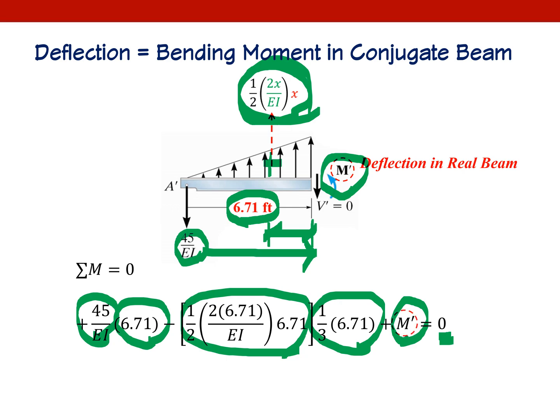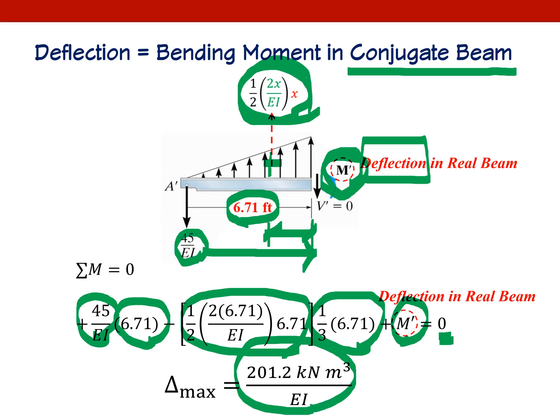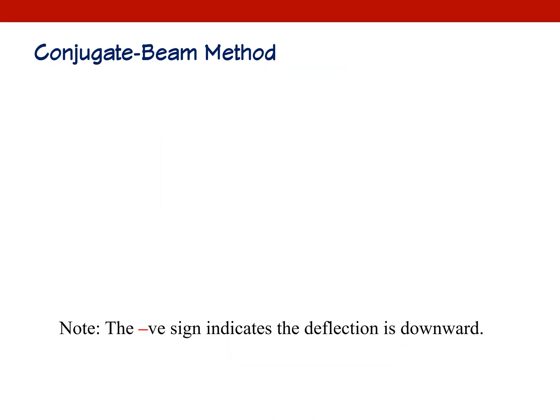Then please make sure that this bending moment of the conjugate beam subjected to the conjugate load is nothing but the deflection in the real beam. So if you simplify this equation, you are going to get this. Okay.